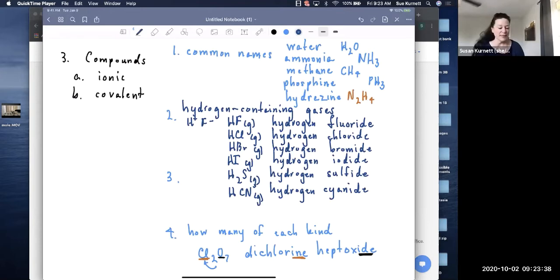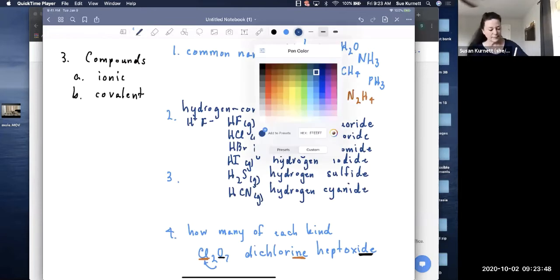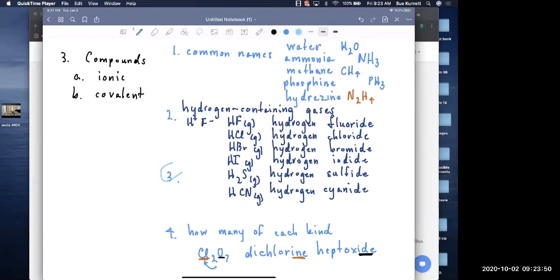The next thing is all of these I put a G after, and the G stands for gas. And I didn't do that for anything else so far. Why have I done that? Because acids are aqueous and you have to write that, and this is a gas, so you have to tell us what it is. And sometimes you'll have a little S for solids.